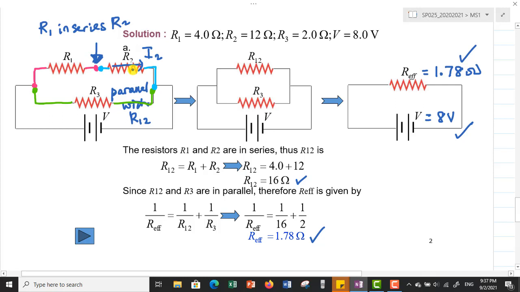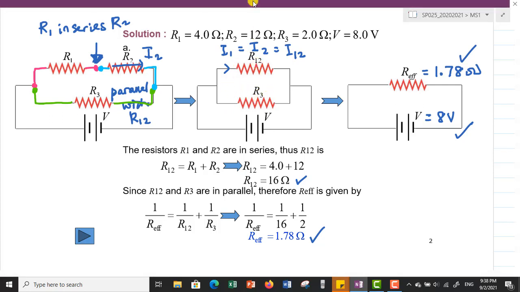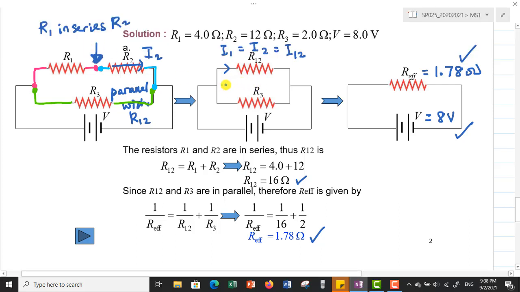R1 and R2 are connected in series, so you understand that the current I1 will be equal to the current I2, which will be equal to the current I12, because R12 is connected in series. Then R12 and R3 are connected in parallel. For parallel combinations, V3 will equal V12, and this value will equal the voltage that we supply, so equal to 8 volt.